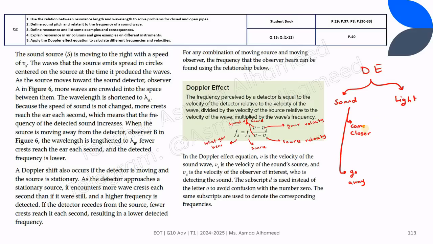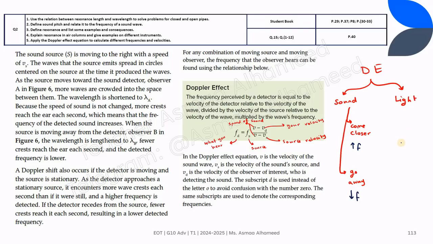Same goes for light. So let's say you are standing and there is a car that is coming closer to you. You will hear a high frequency. If it goes away, you will hear a low frequency. If it is light and the source is coming to you, you will again see a high frequency. You don't hear it because it's light, you see it.